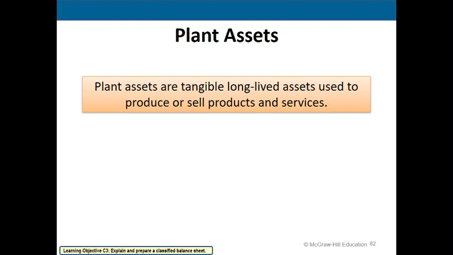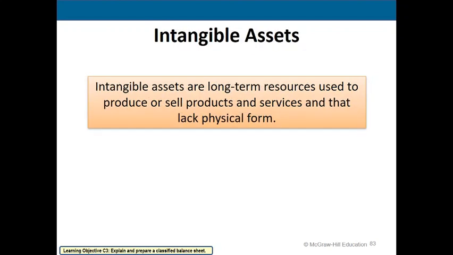Plant assets would be listed under property, plant, and equipment, or long-lived or long-term assets. And these are used to produce or sell products and services. Property, plant, and equipment, land. Intangible assets are long-term resources used to produce or sell products and services and that lack physical form. An example of those would be patents, trademarks, copyrights.